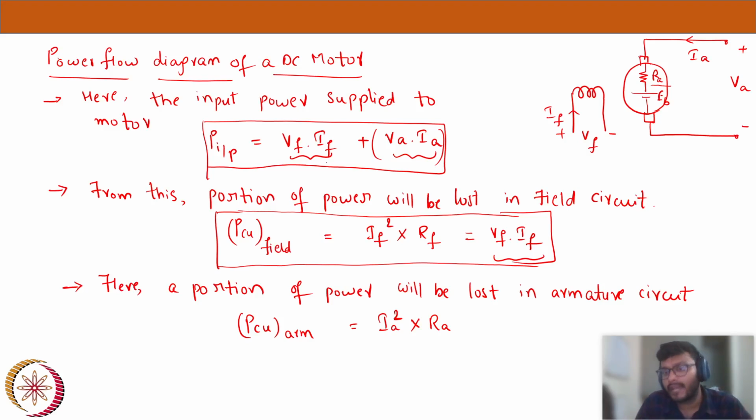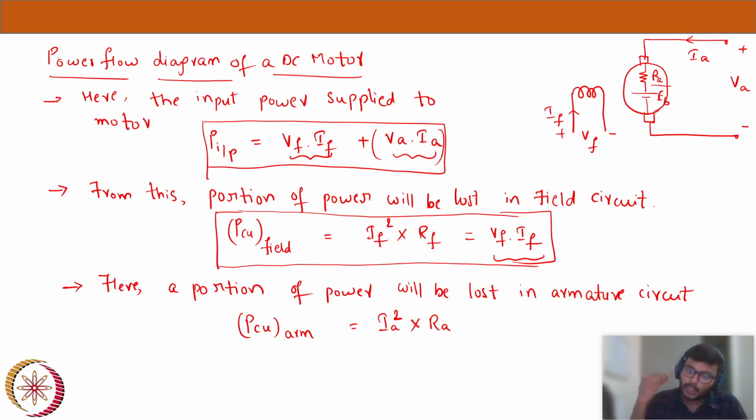The constant losses are the rotational losses in the motor, which do not involve any current flowing. There is no need for current to flow in order to experience that kind of loss.